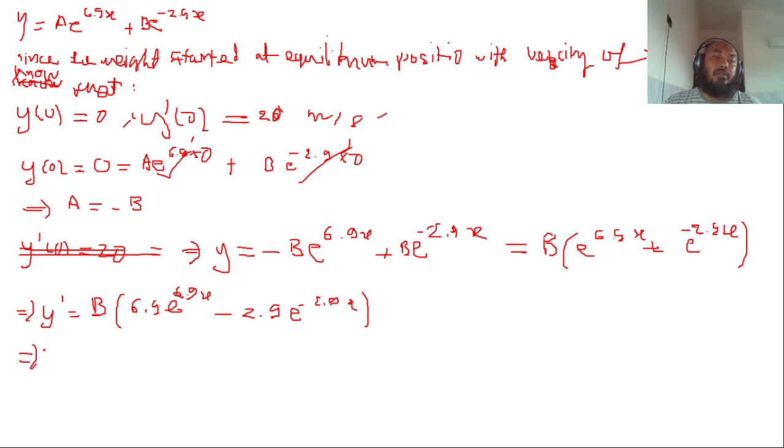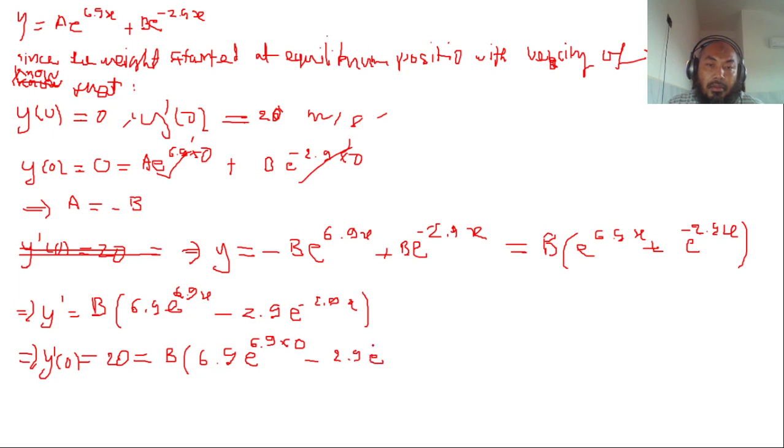So y dash 0 equal to 20 equal to b times (6.9 e^(6.9 multiplied with 0) plus 2.9 e^(minus 2.9 multiplied with 0)).